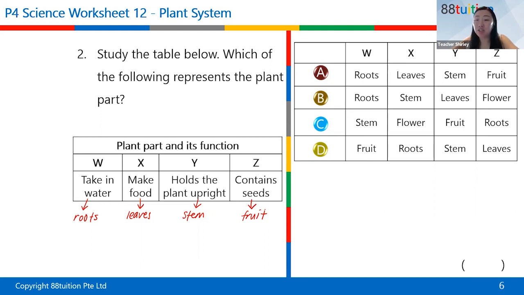Later on in P5, when you learn reproduction in plants, that's when you learn how the seeds get dispersed and grow into new plants again. But for now, I think this is it. So we should be able to find out stem, fruit, leaves, and roots. So the answer is A. Clear? Okay.